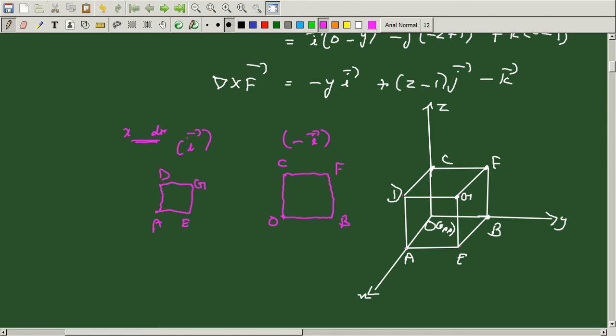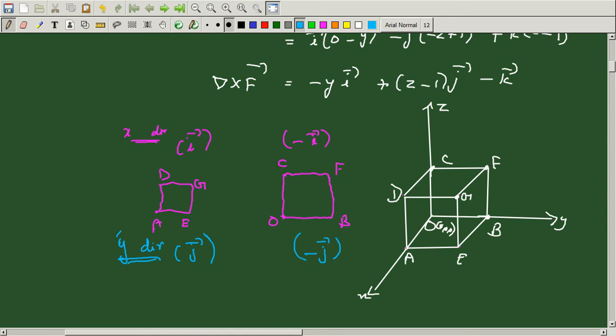Okay. Next, we are going to see the y direction. For the y direction, first the j vector. The opposite of j is the minus j vector. So let's start.